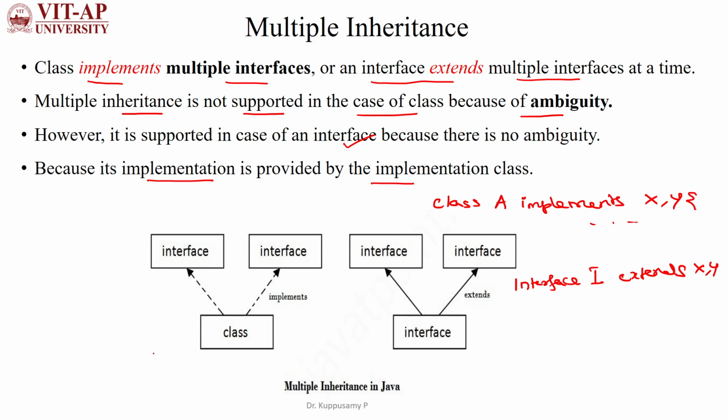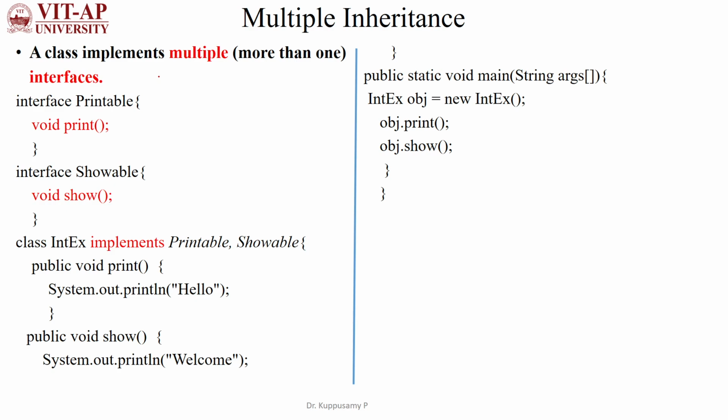This is the diagram given for the association between class and interface. A class implements the interface, so multiple interfaces can be implemented by a single class, which is represented here, and an interface extends interfaces by using this syntax. Here we have an example of a class implementing multiple interfaces.